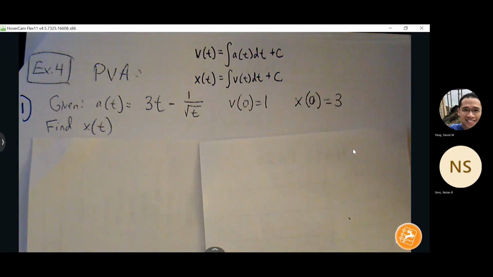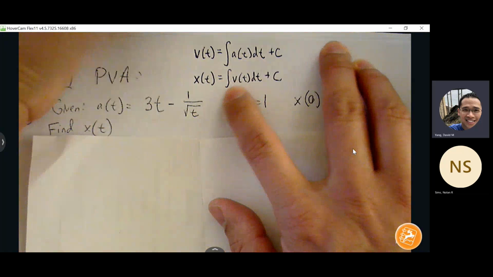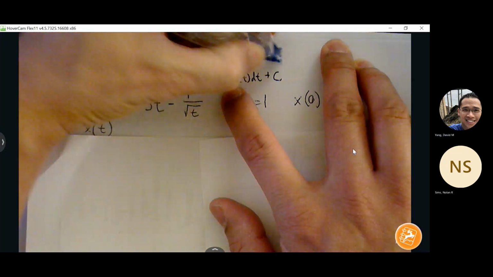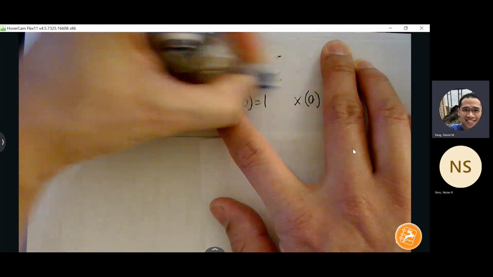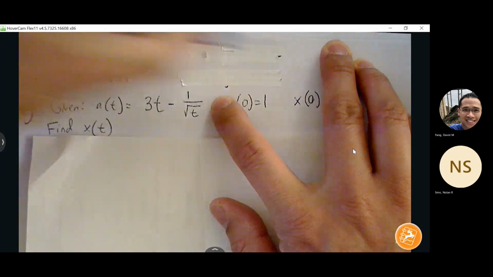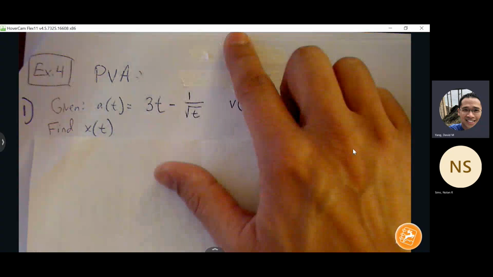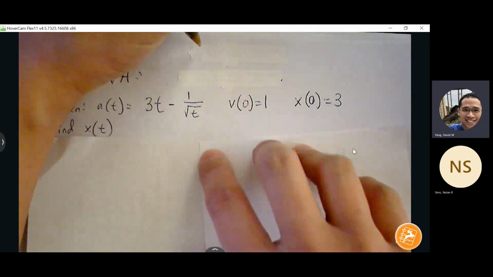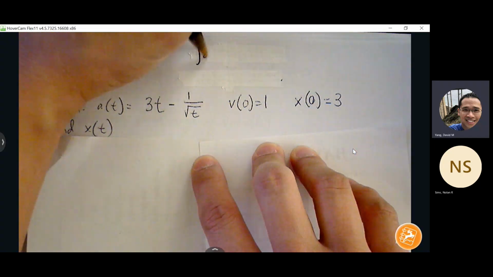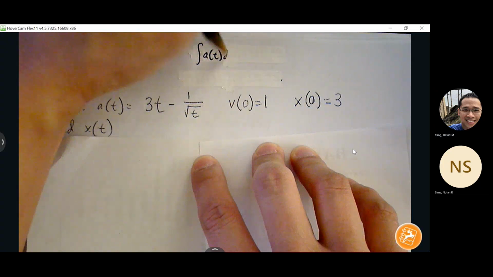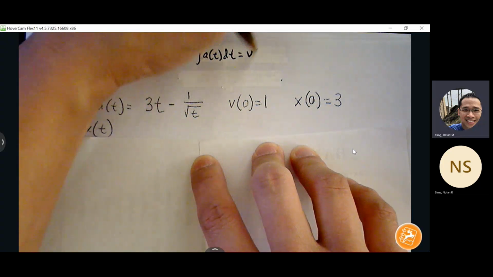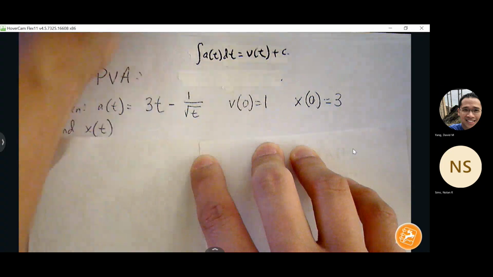wait, hold on. I got this. Let me try that again. So yeah, what I did was not wrong. It was just easier to write this way. So if I take the antiderivative of acceleration, that'll bring me up to v of t plus c.